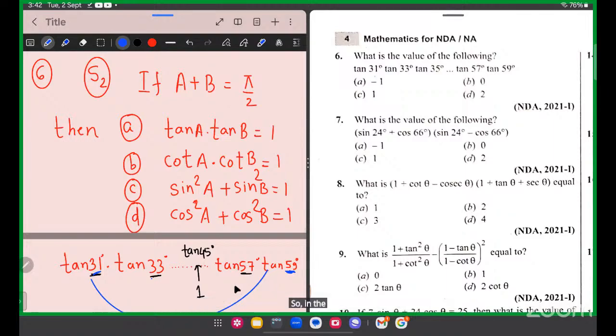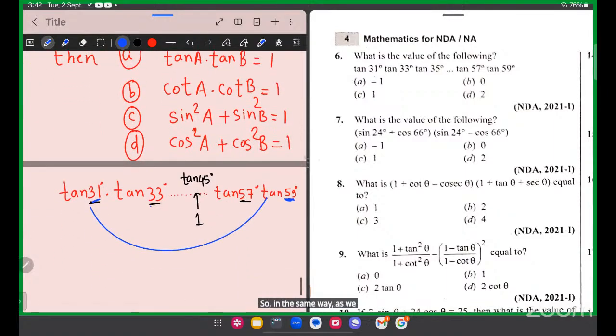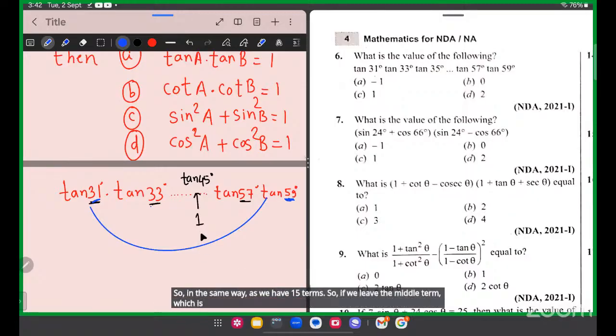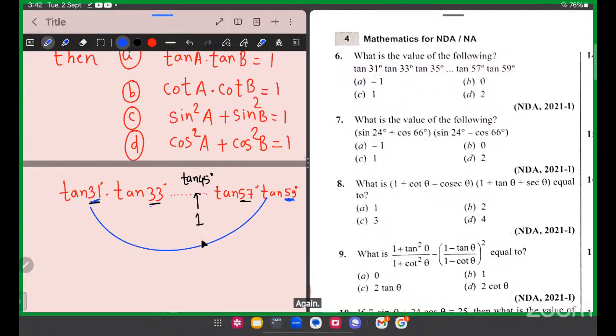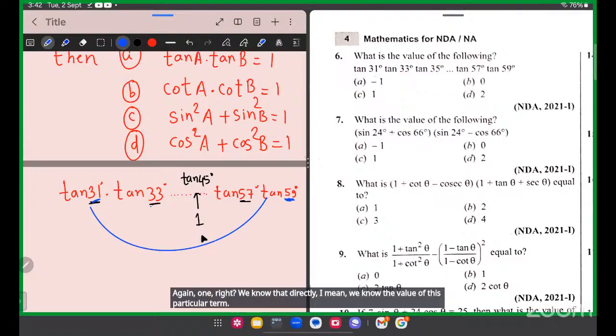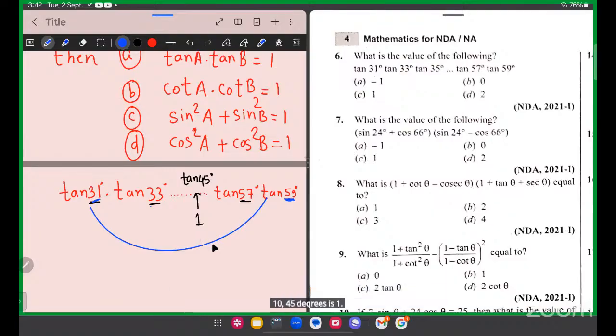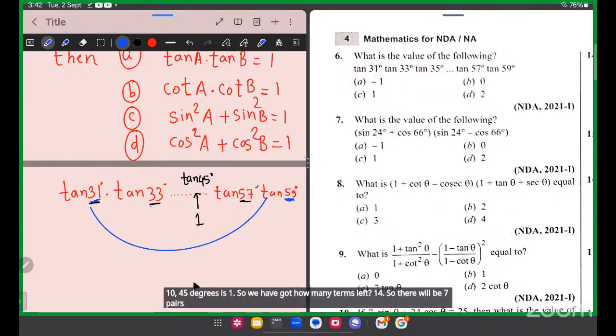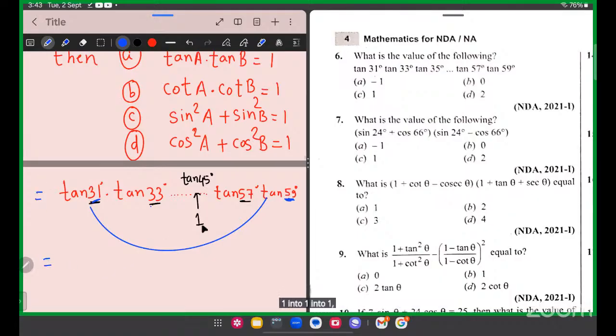As we have 15 terms, if we leave the middle term, tan 45 degrees, which is again 1, we know the value of this particular term. So how many terms are left? 14. So there will be 7 pairs and each pair will give you 1. So the final answer is going to be 1 into 1 into 1, 14 times, into one more 1, which is tan 45. All are ones and they are in multiplication, so the answer is going to be 1.